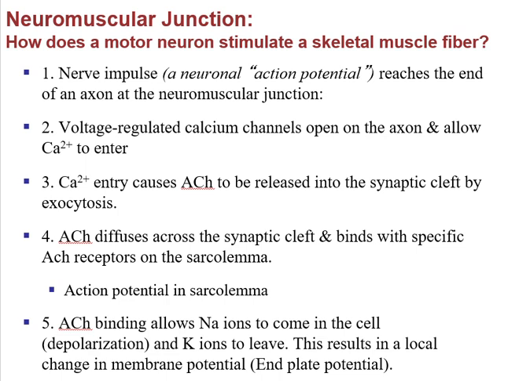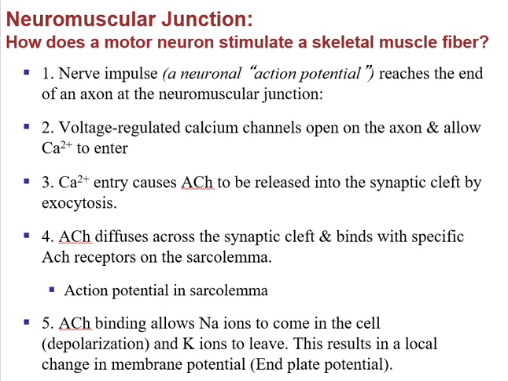So step by step, what's happening in step 1, the neuromuscular junction is laid out on this slide. We get a nerve impulse called an action potential that reaches the end of the axon called the axon terminal. That initiates a voltage-regulated calcium channel to open, allowing calcium to enter the axon terminal.